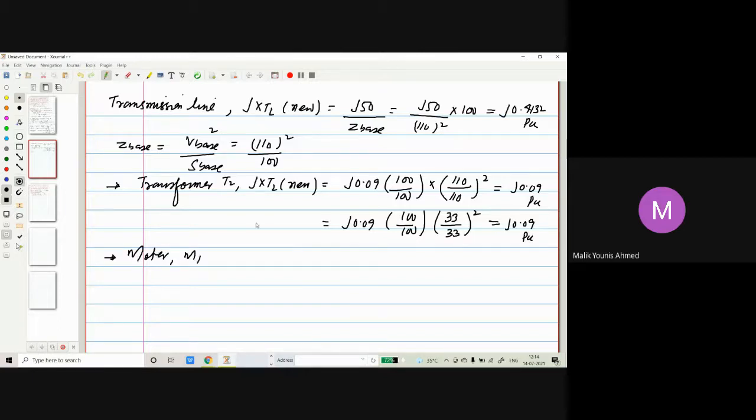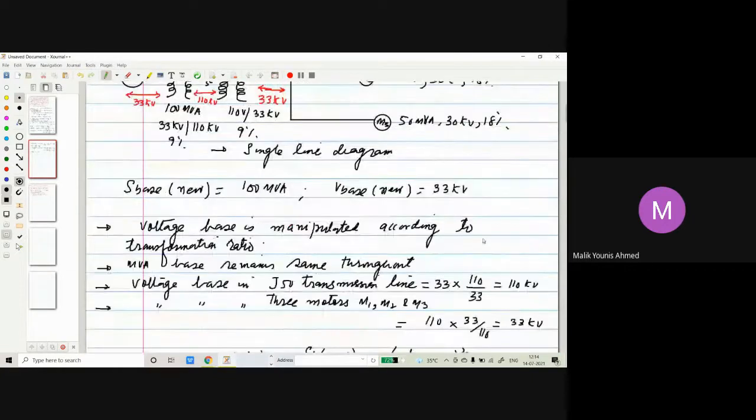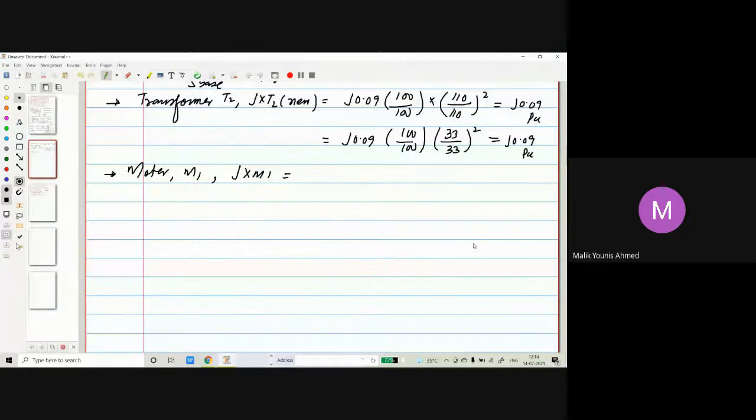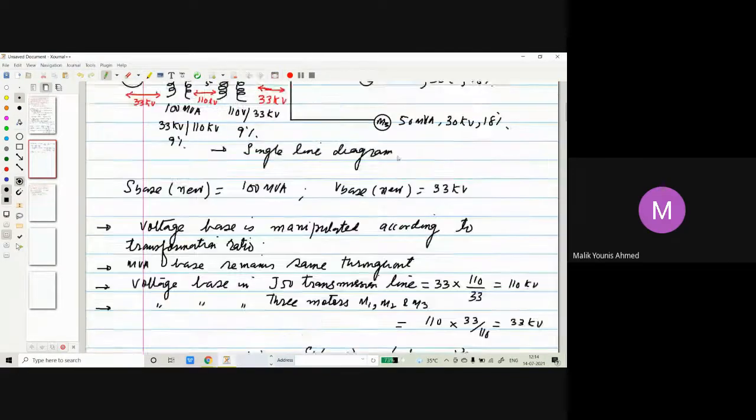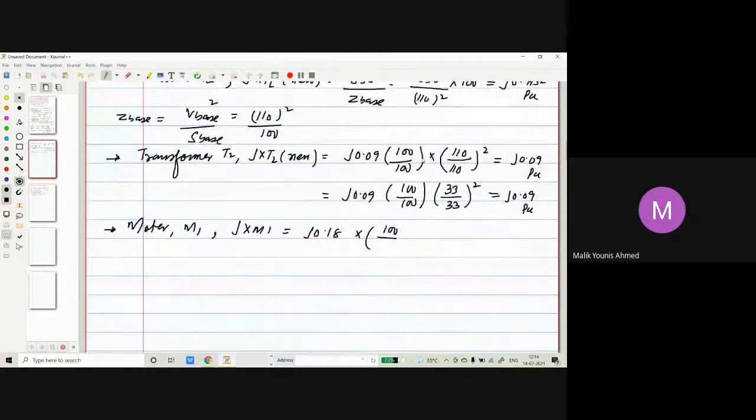Motor M1, let's say this is JXM1. What is the reactance of the motor M1? All have the same J 0.18. So we'll be using J 0.18 into S base new, which will be the same throughout. For the motor M1, S base is 30, so we write 30 here.